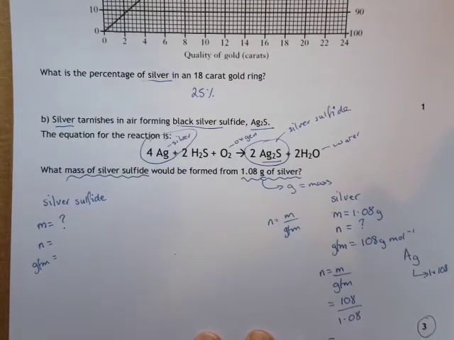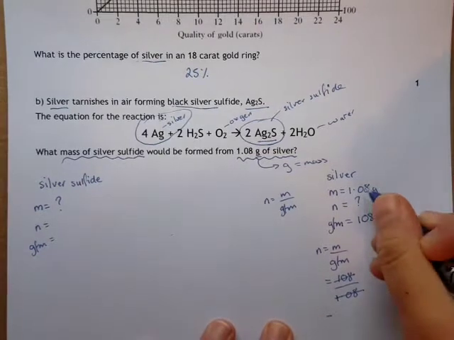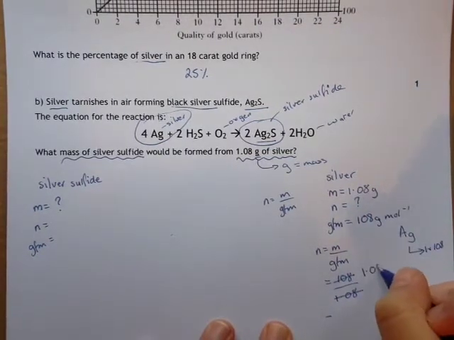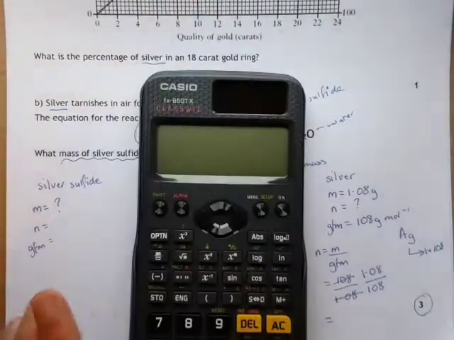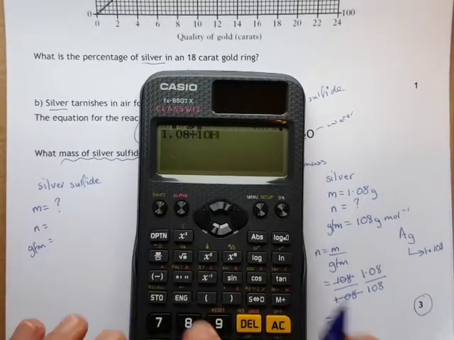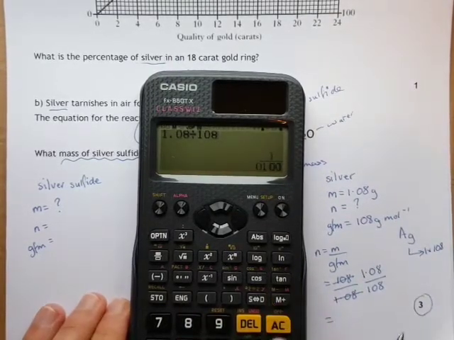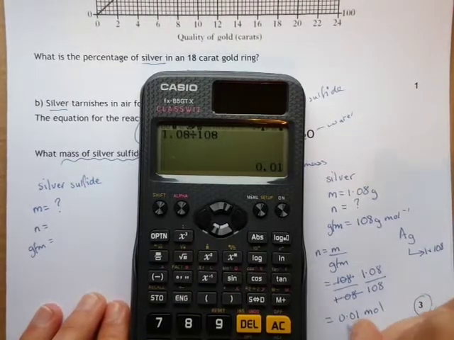Oh no, I've just done that the wrong way around, haven't I? So this is why you should always go and double check your calculations. So the mass was 1.08 grams, and we're dividing that by 108. So if I do that, 1.08 grams divided by 108, which is the GFM, that tells me I have 0.01 moles of silver.